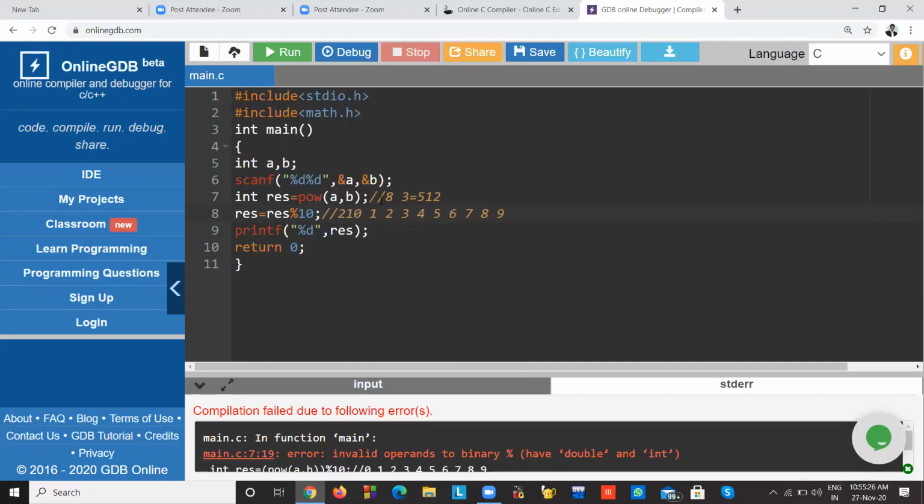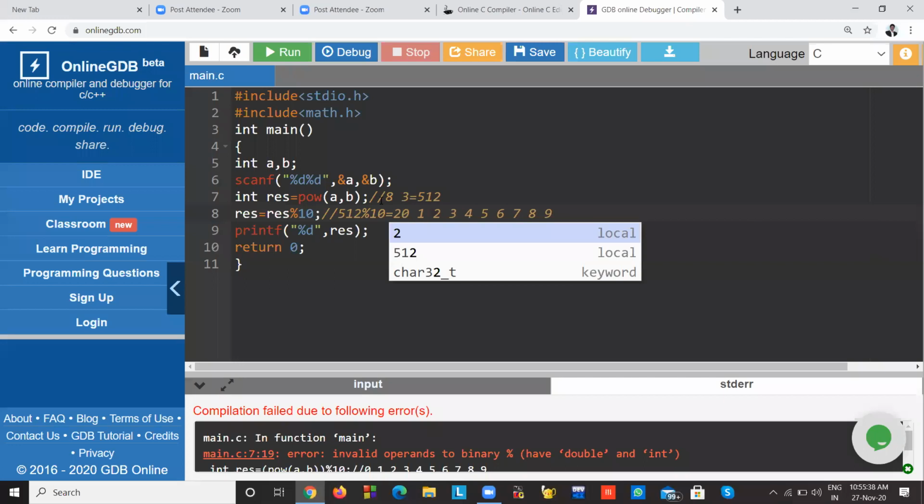This is nothing but 512 mod 10. We already said that when an integer is divided by 10, the last digit is always the answer. Last digit, what is that? 2 is the answer.